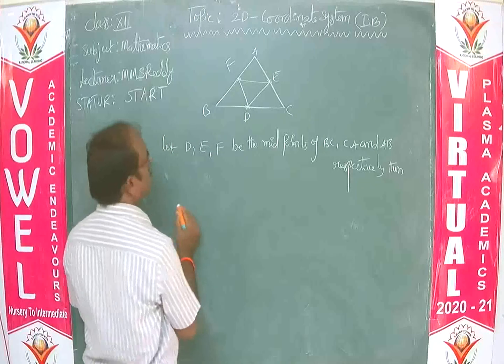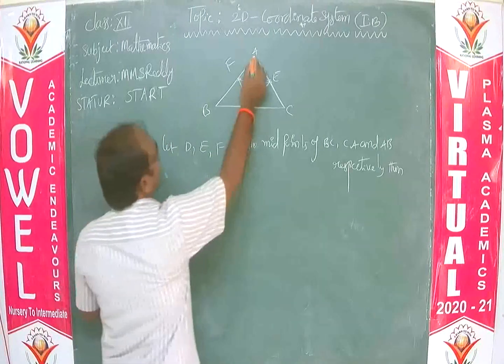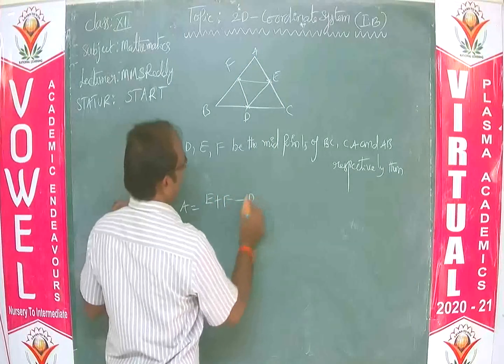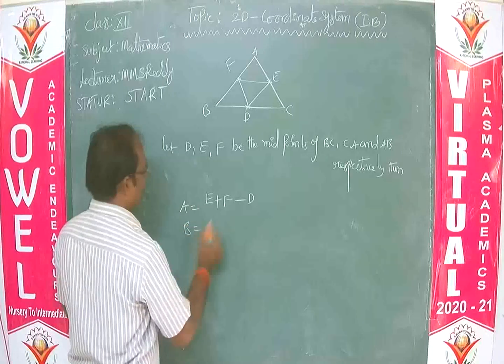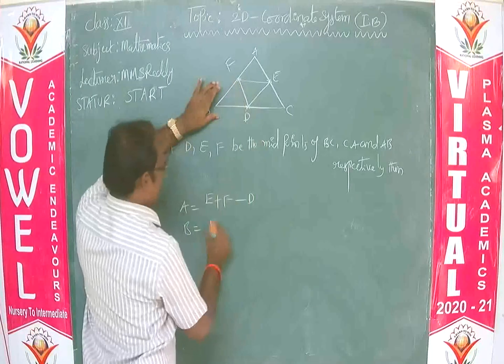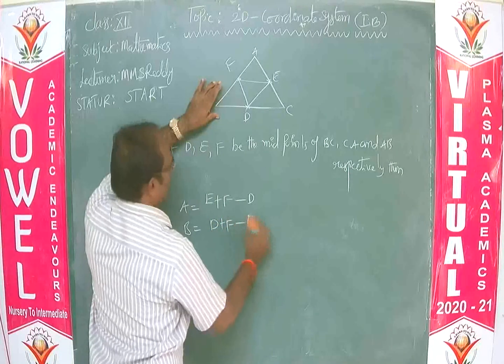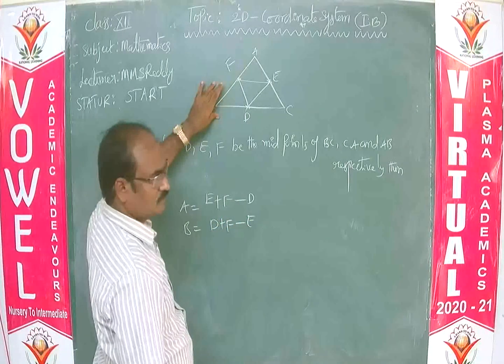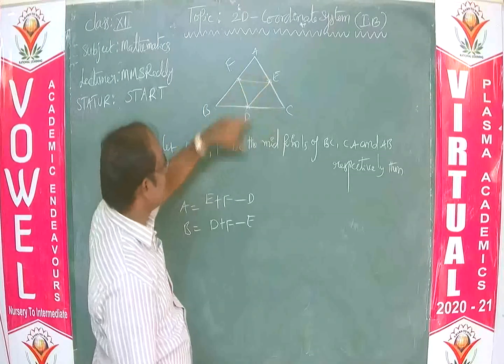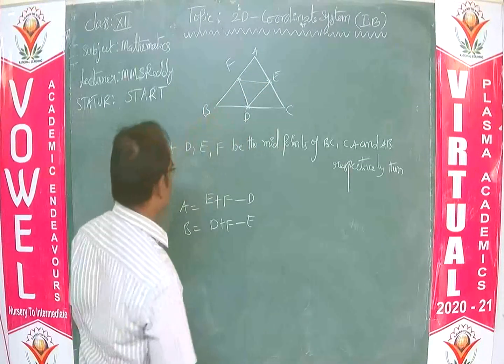Then vertex A is equal to E plus F minus D, B is equal to D plus F minus E. Add the midpoints of the adjacent sides and subtract the midpoint of the opposite side.